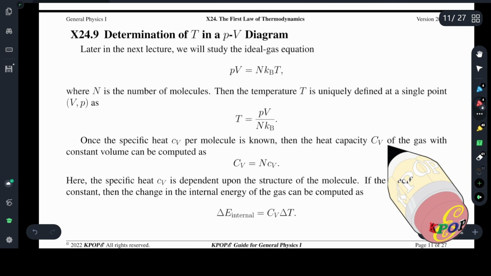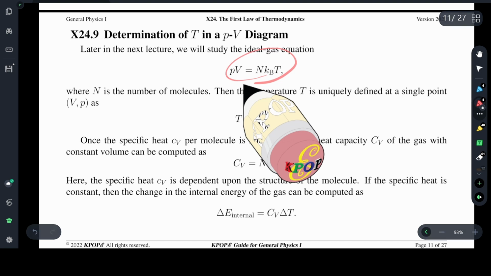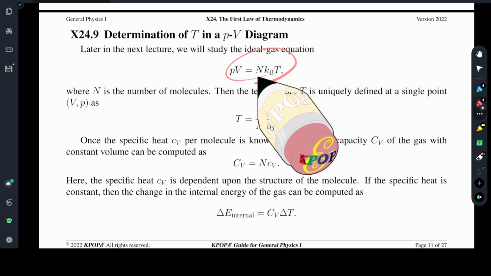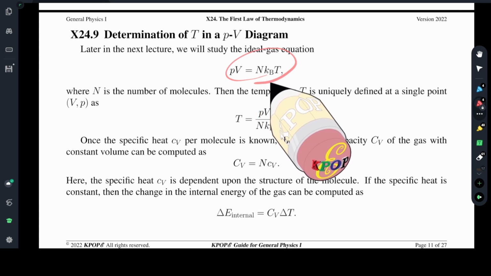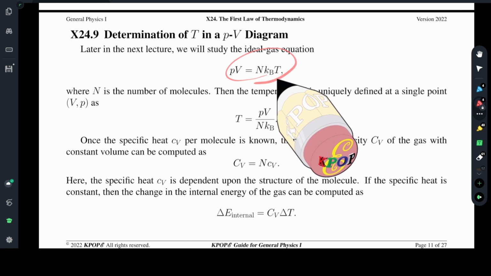In the PV diagram, in the next class, we will study PV equals NkBT, that is the equation for ideal gas. Here, P is pressure, V is volume, capital N is the number of molecules, kB is the Boltzmann constant, and T is the temperature.